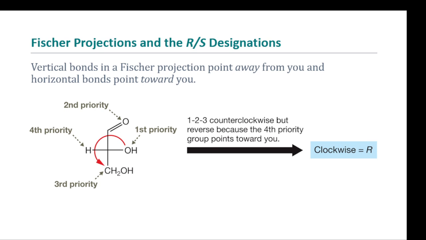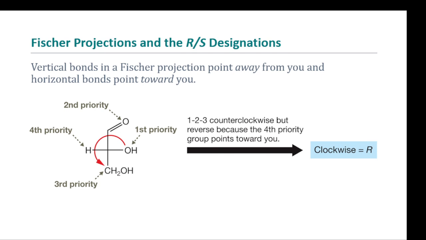Okay, so the Fisher projections and the RS designations. Note again, we have these in a very set layout, but we have a bit of a problem with these. Is the hydrogen facing away from you or towards you? Towards you. So this is backwards, isn't it? This is always backwards from what you would want to do R and S with.